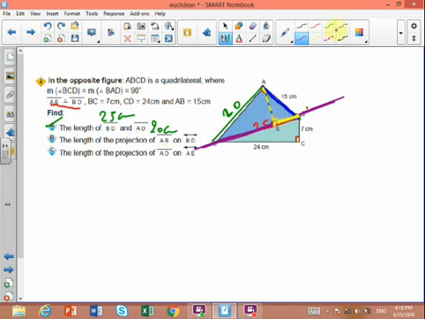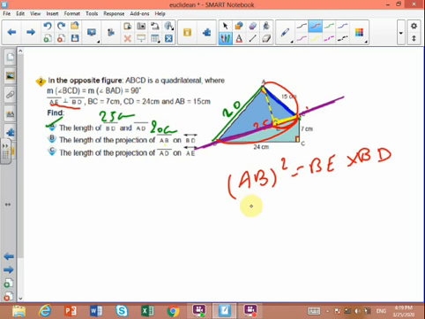If you don't want to use these two steps, you can get it in one step from Euclidean. Let's write Euclidean. If I want AB square, the rule is BE times the length of the hypotenuse. So it is equal to BE times BD. You have AB 15 squared.